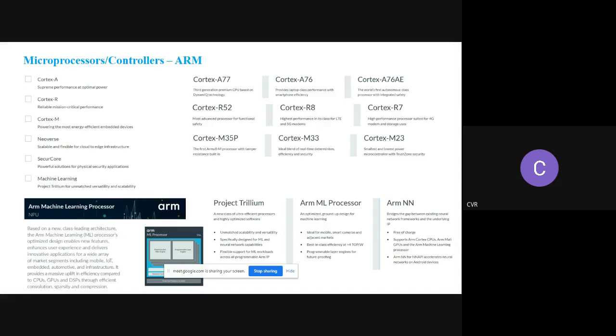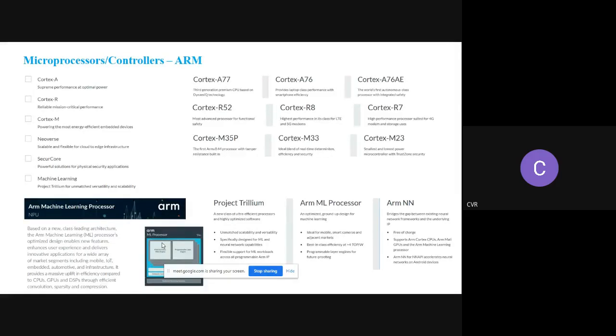There are also specialized processors from ARM for cloud applications and network security applications, and a specific processor for neural networks. These processors are very powerful and can even do some signal processing applications. That's why most mobile phones are based on ARM processors, I mean the high end ARM processors.